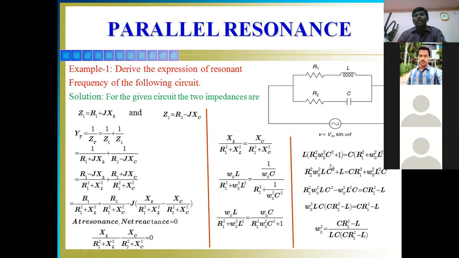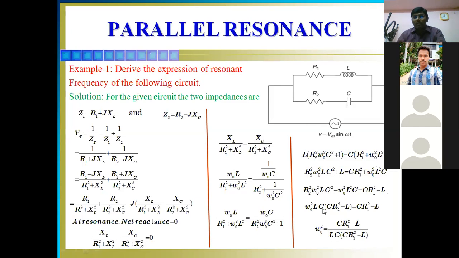Then you simplify this to get omega naught square. Bring constants to the left side: (CR1 square minus L) equals omega naught square into (R2 square LC square minus L square C).